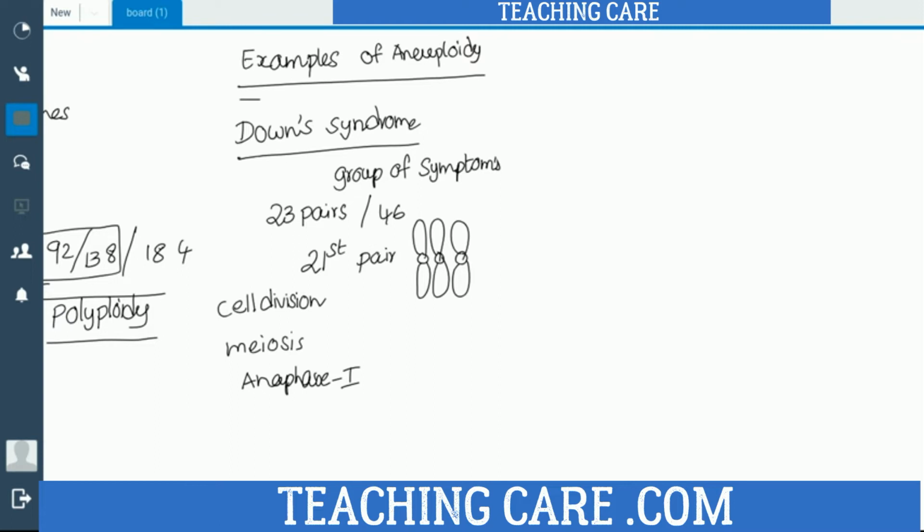In anaphase 1, the paired chromosomes get separated. Before anaphase the chromosomes will be like this. In anaphase 1, this chromosome goes to this end and this chromosome goes to that end. That means the chromosomes get separated.